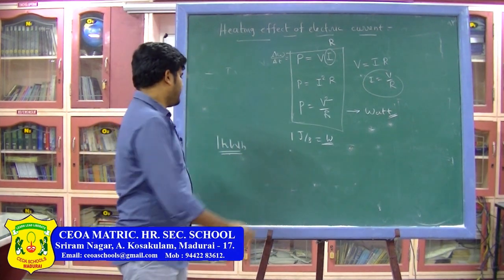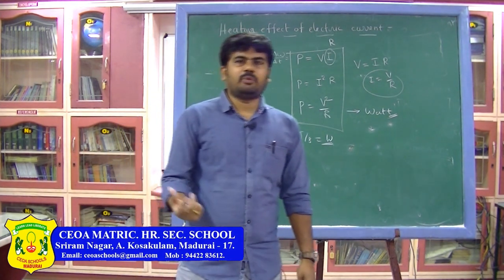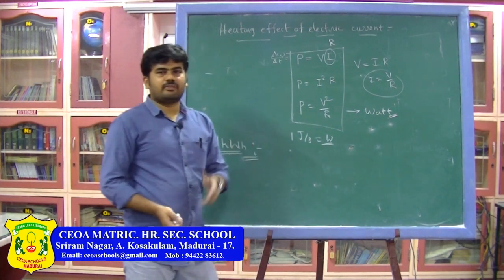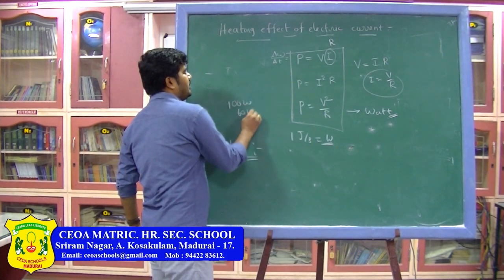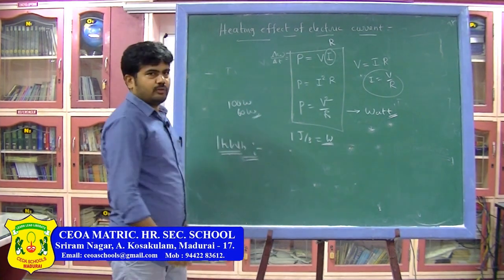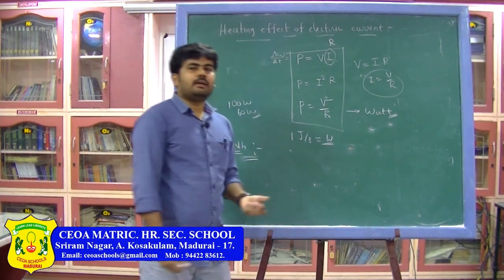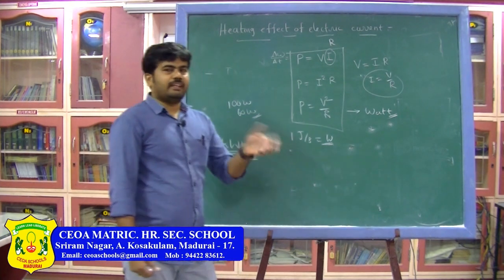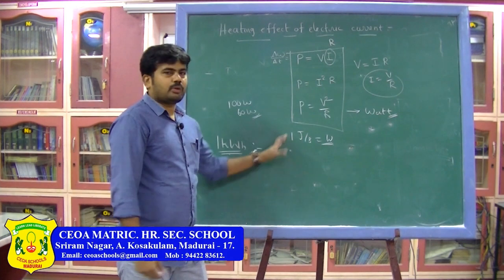Generally, if you purchase electrical appliances like a bulb or TV, they mention some wattage value, like a 100 watt or 60 watt bulb. By knowing the wattage of each device in our house, we can calculate the number of units consumed by the house in 1 month. Then you can calculate the electricity bill. So, that kind of problems are important.